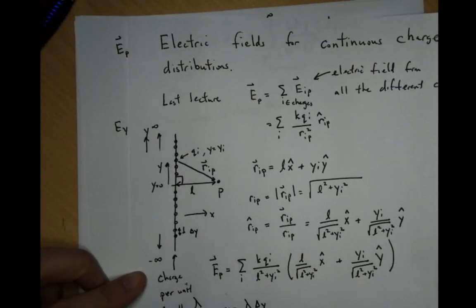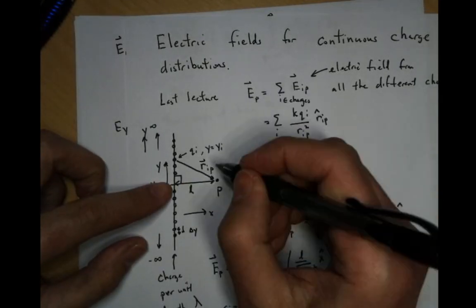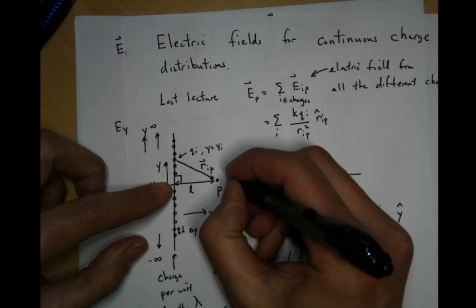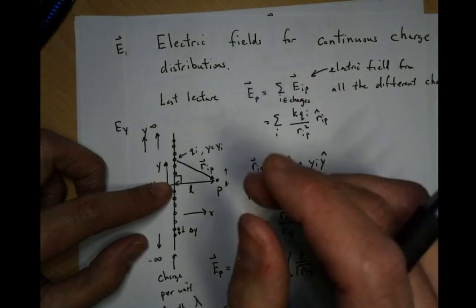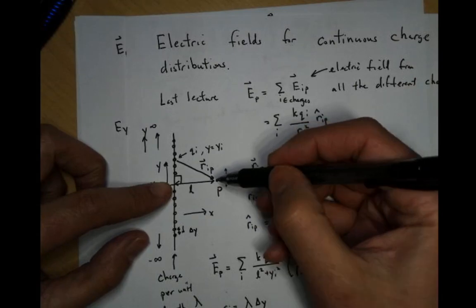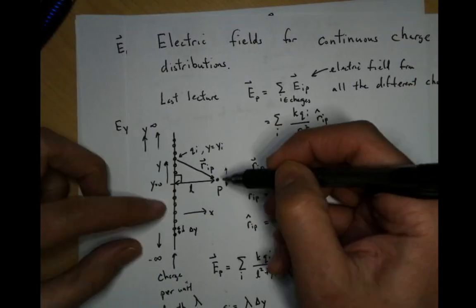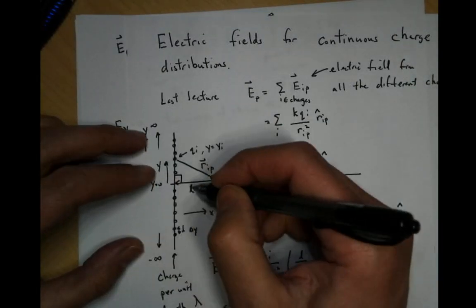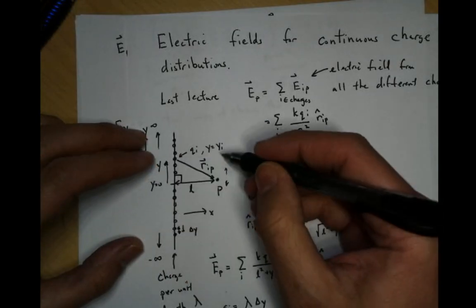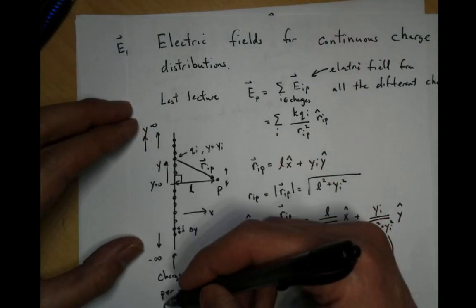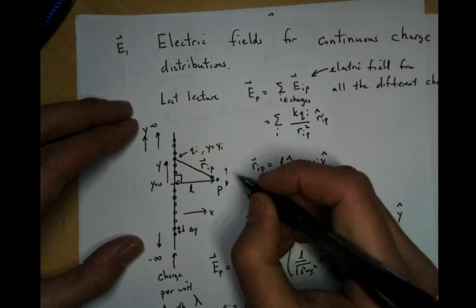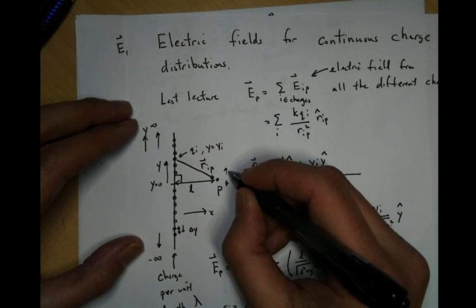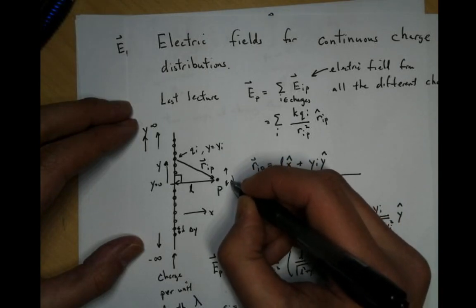Imagine there was some Ey component right there, like that. It could be pointing up or down, I don't really know. It doesn't matter for this argument. Now let's imagine if I take this situation and flip it. So I flip this thing along the x-axis. So now y at plus infinity is at minus infinity, and y at minus infinity is at plus infinity. And what will happen to Ey if I flip the entire thing? Well, Ey will flip over to the opposite sign, the opposite direction.